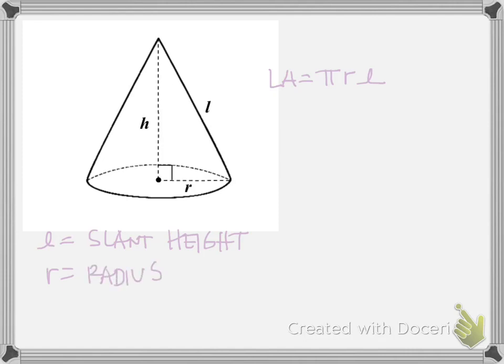We're still going to find the area of the bottom, which is going to be your pi r squared, but we don't have to multiply it times 2. So pi r squared plus your lateral area, which includes your slant height. Okay, so this is our cones.